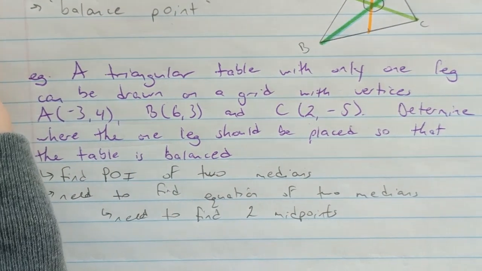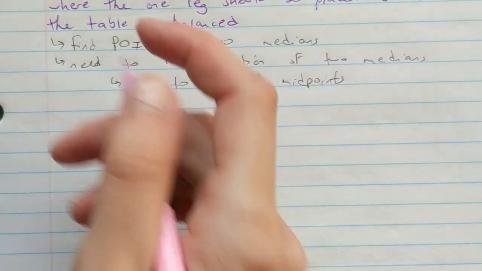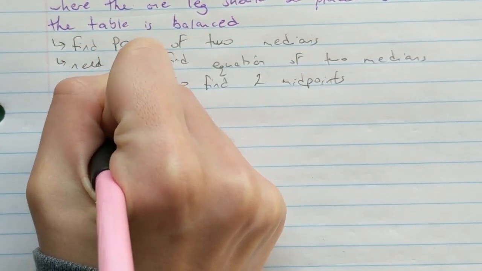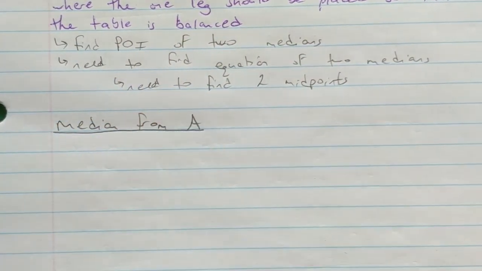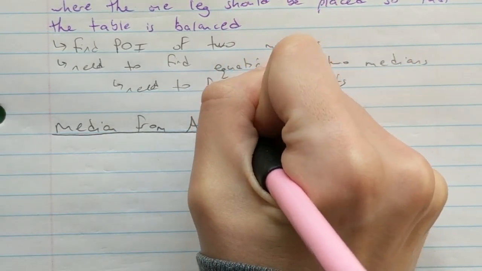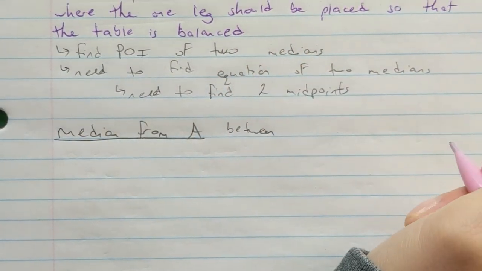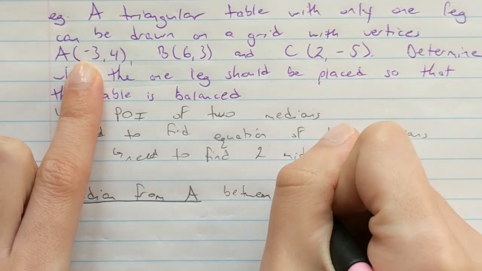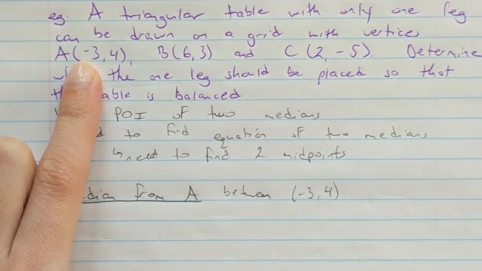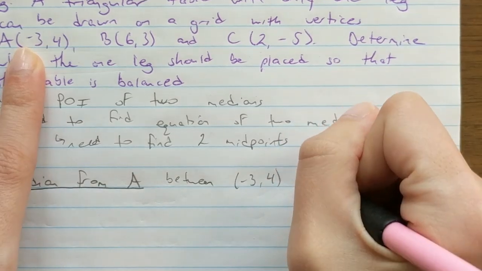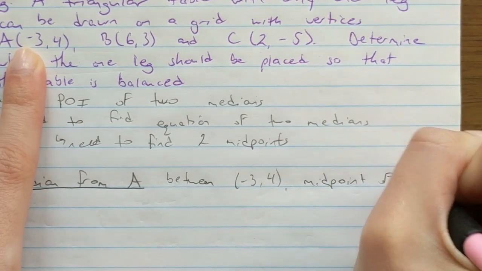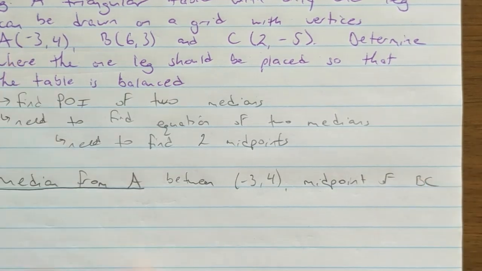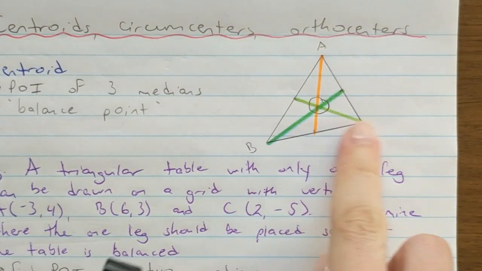Let's start. I'm going to start immediately by looking for the median from A. The median from A is between two points: point A, which in our question is (-3, 4), as well as the midpoint of BC, BC being the side that's opposite it.